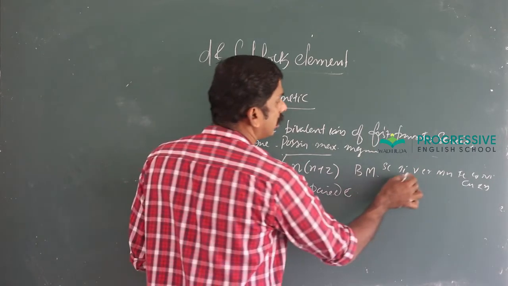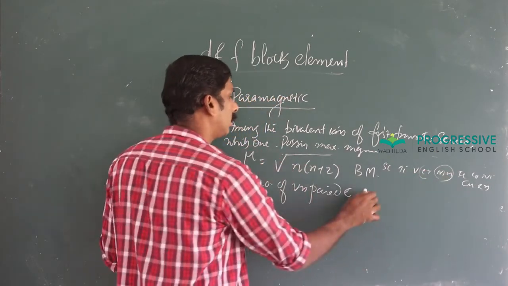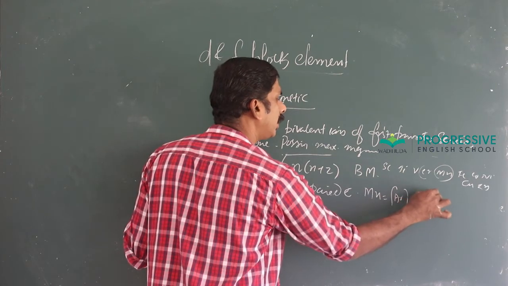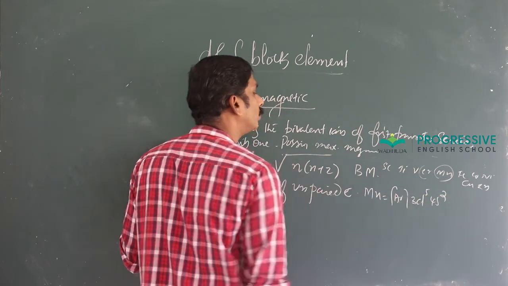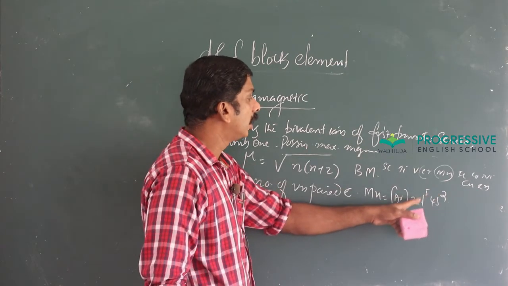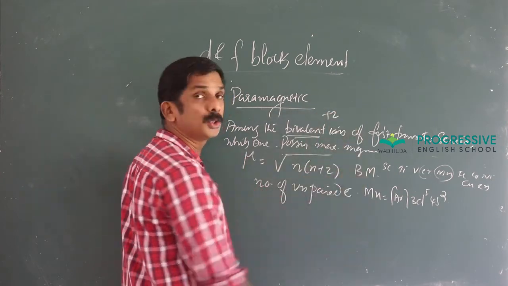Here, bivalent ions. Manganese, the configuration is argon core 3d5 4s2. If it is chromium, 3d5 4s1, then 2 plus ion. Bivalent means valency 2 plus.